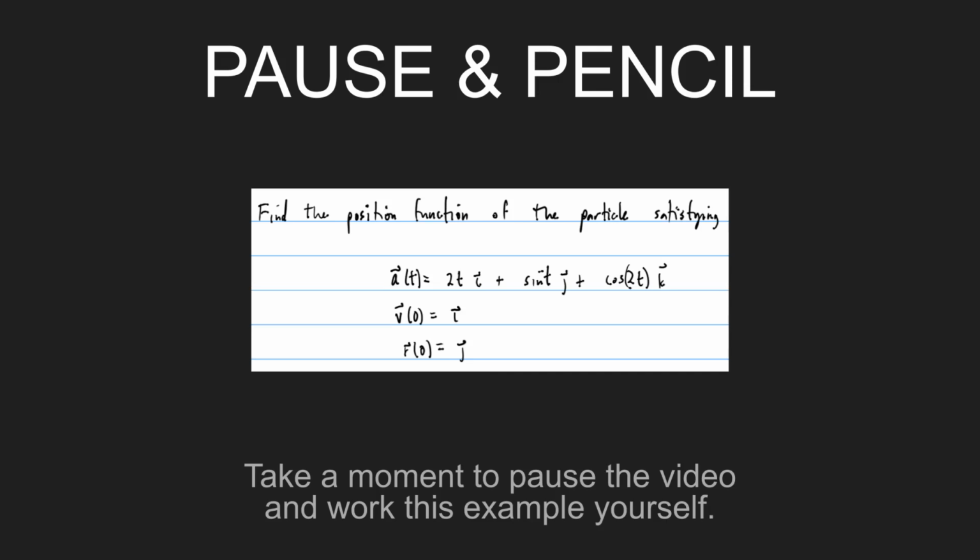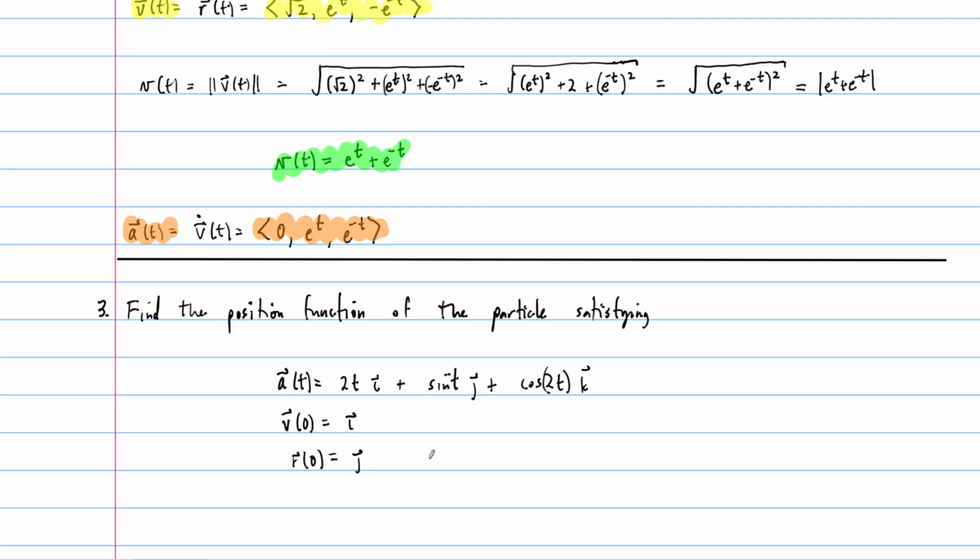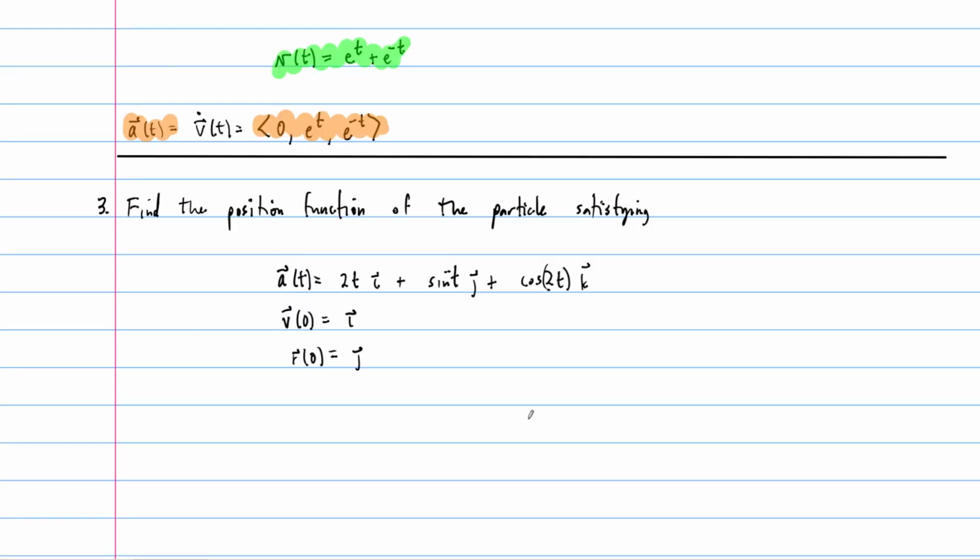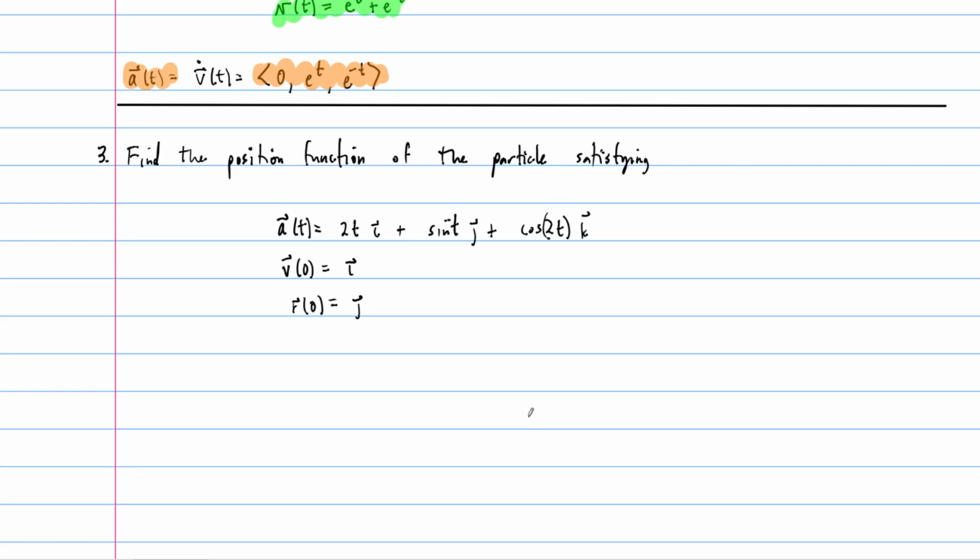All right, so let's check in and see how you did. Remember that the acceleration is the second derivative of position, but it's the first derivative of velocity. So we can solve a couple of very simple differential equations.